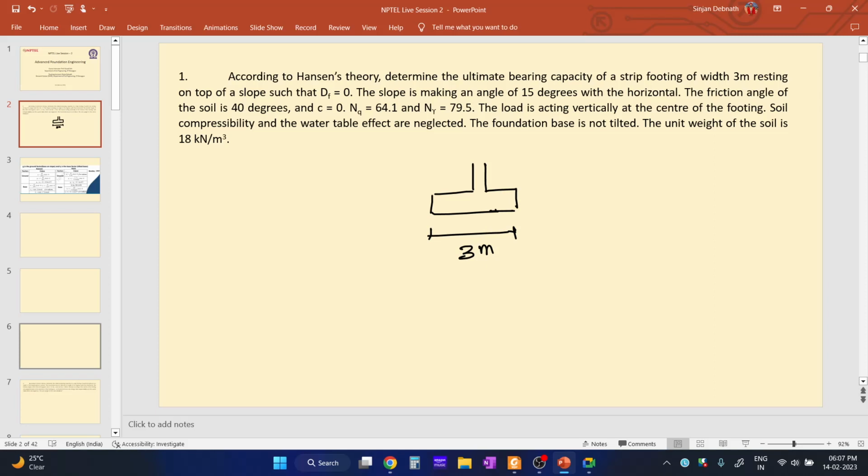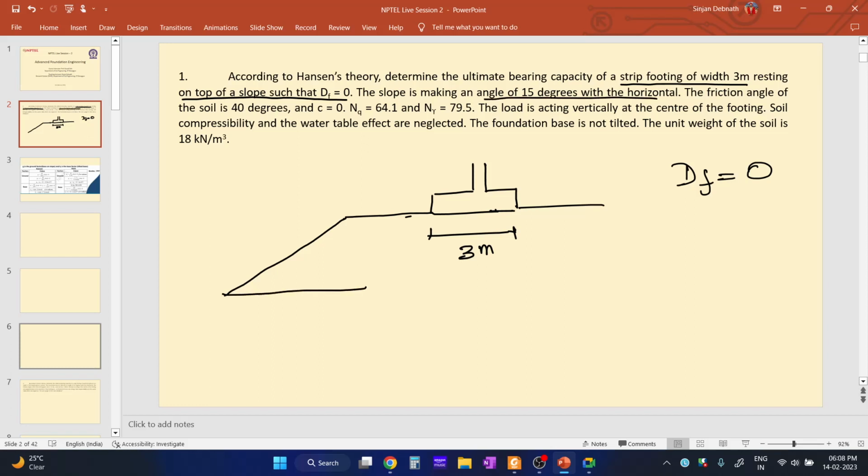It is resting on top of a slope such that the embedment depth is 0, so it is resting on top of a slope like this. Df is equal to 0. The slope is making an angle of 15 degrees with the horizontal, that means this angle beta is equal to 15 degrees.